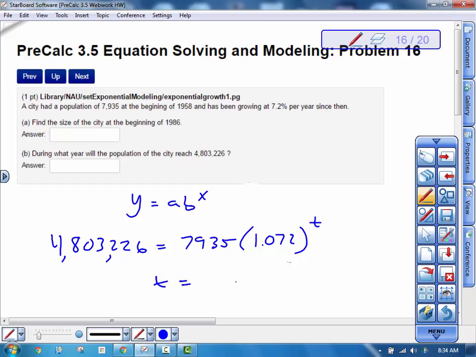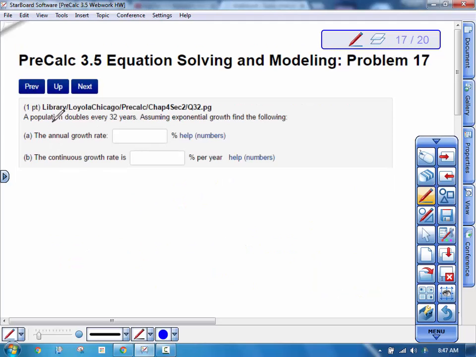And if you do that, you get about 92.13 years afterwards, or I guess we'd write that as 2,150 is when the population would reach 4.8 million. Actually, this is 2050, sorry. 92 plus 1958.